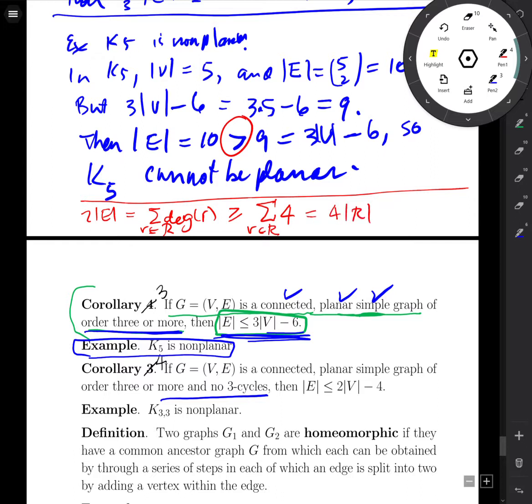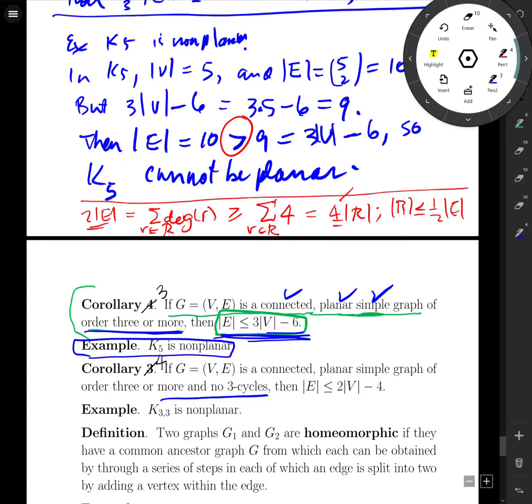So in the previous theorem, corollary 3, we had a 3 there, and this time we have a 4. So what that gives us is that R, the number of regions, is less than or equal to 2 divided by 4, or 1/2, the number of edges.